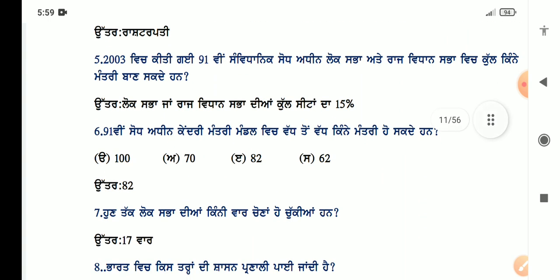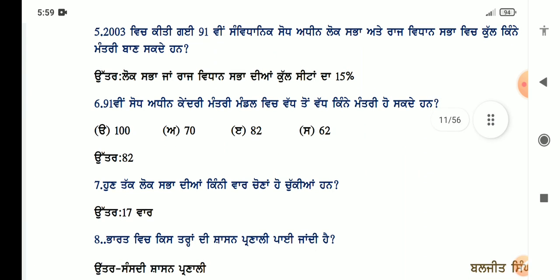It is 15%. According to the 91st constitutional amendment, what will be the maximum number of ministers in the central ministry? It will be 82.